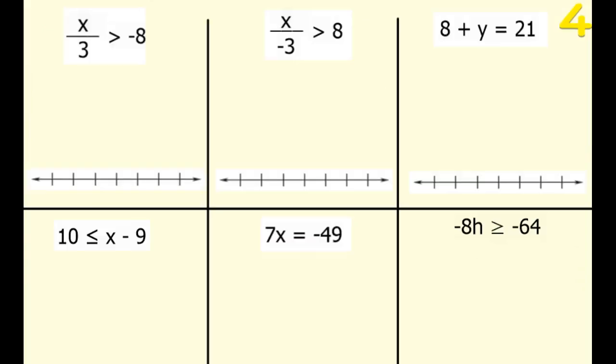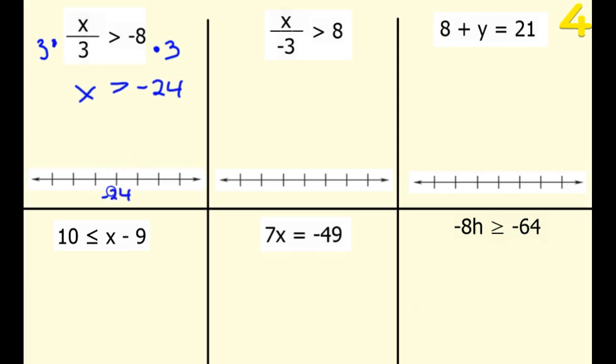Here are just some extra practice problems. X divided by 3 is less than negative 8. Multiply by 3 to do the opposite. And multiply by 3 over here. X is now less than negative 24.